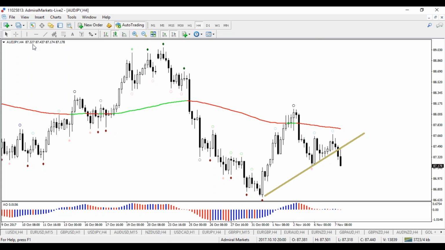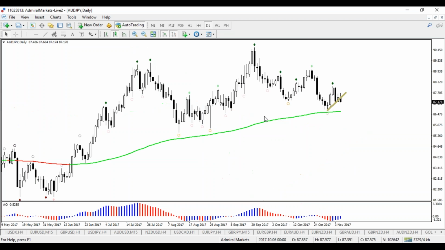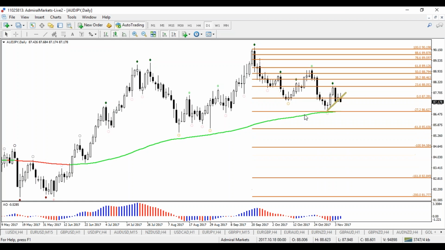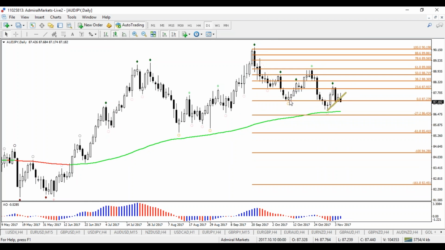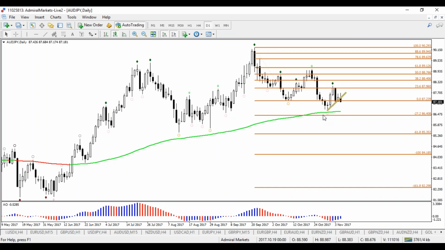I think stop loss, I would go with the stop loss above these fractals and aim for minus 272 target at 86.40.